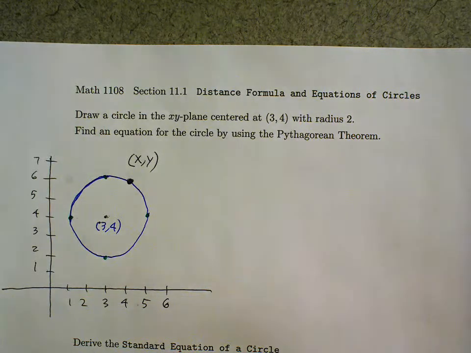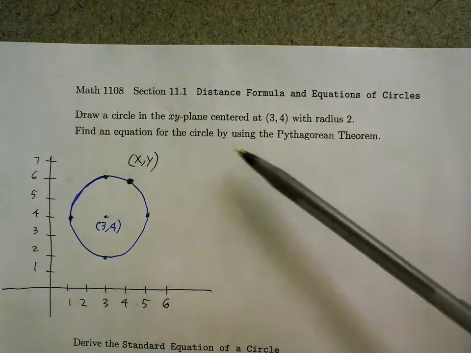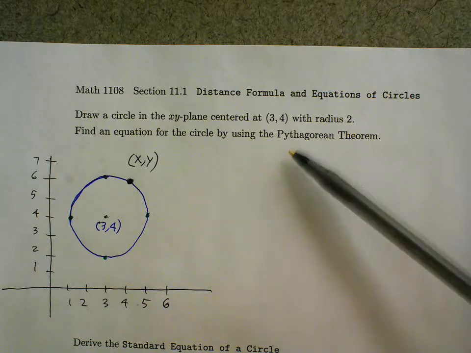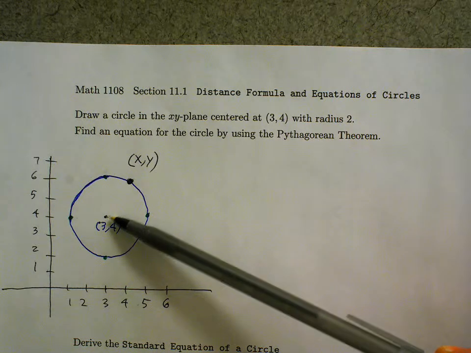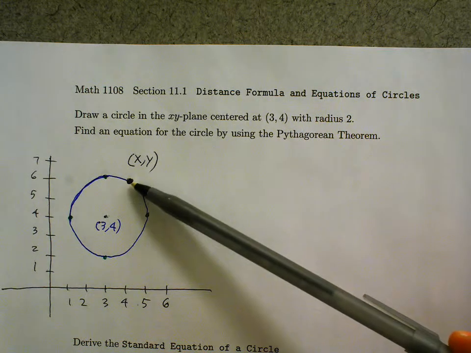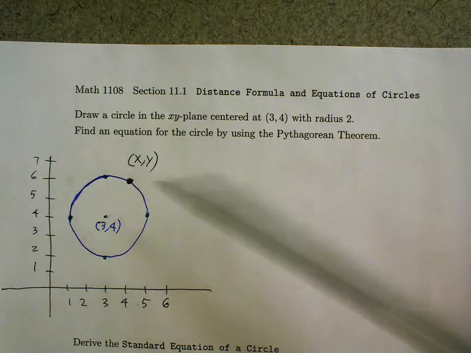So we're going to find an equation for the circle by using the center 3, 4 and a representative point on the circle xy by using the Pythagorean theorem.